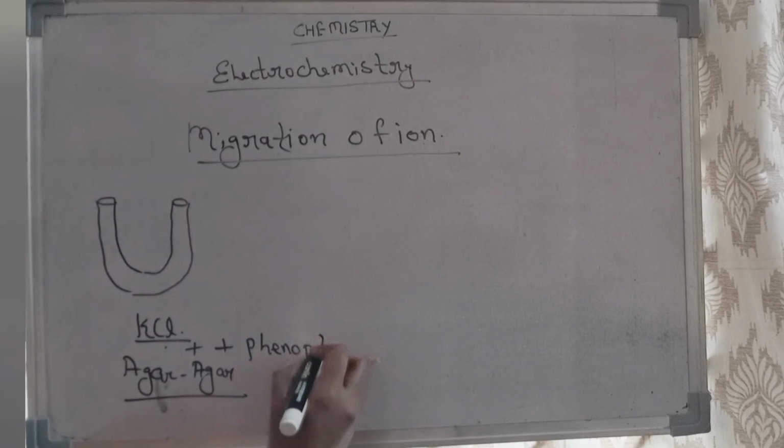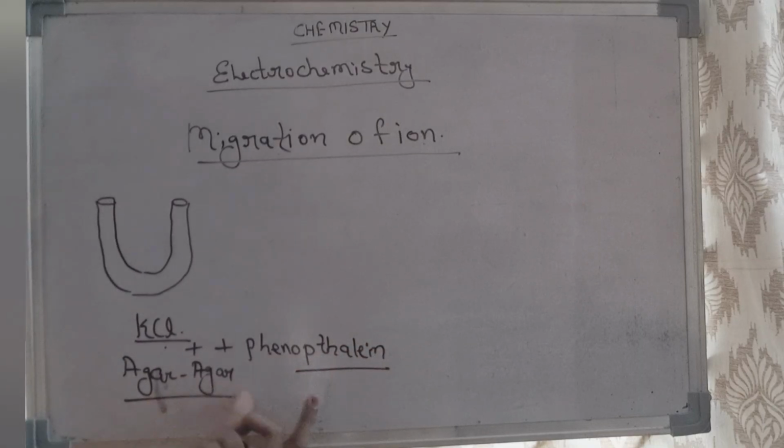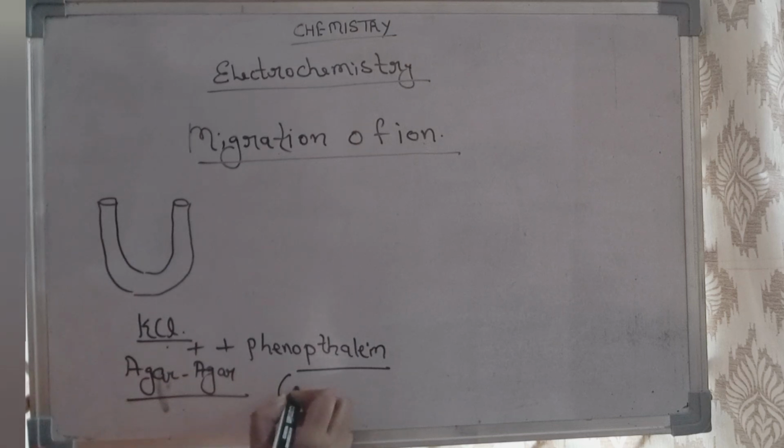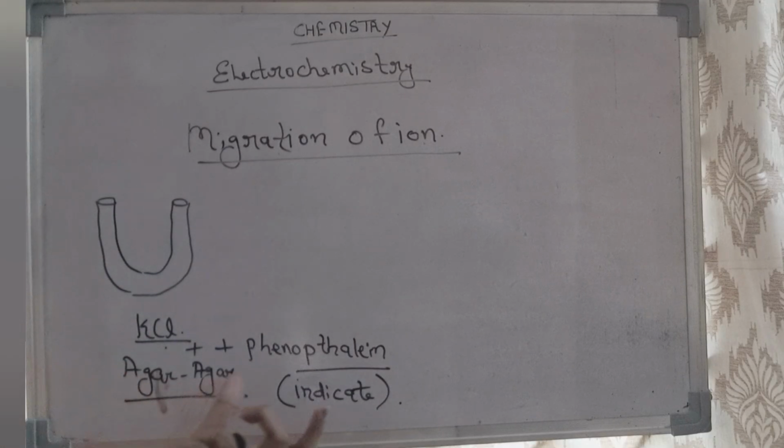So remember that it is a kind of indicator to show whether the basic medium is there or not. If the pink color does not appear, then it is usual that acid is there, because in the acidic medium it is colorless. In basic medium it will show the pink color.